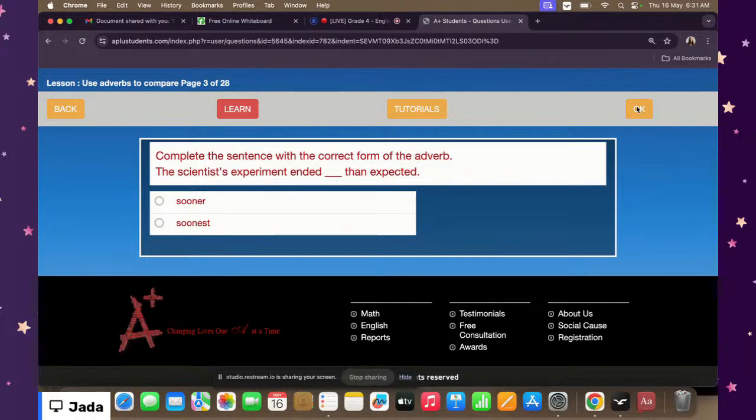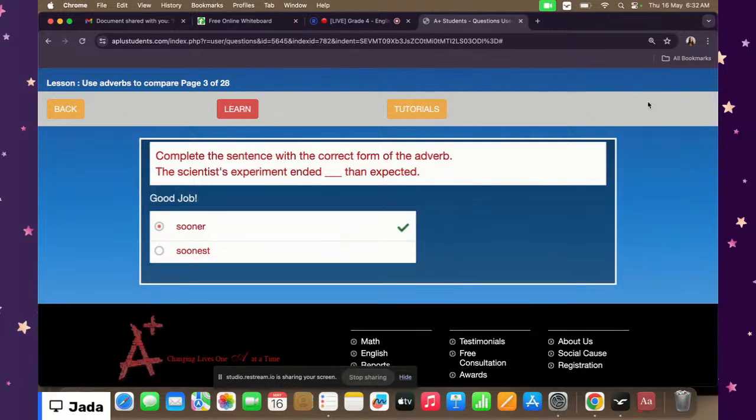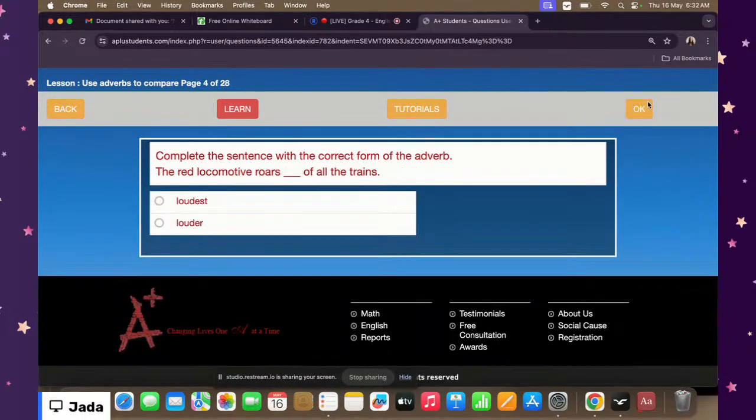All right. The scientists' experiment ended dash than expected. Sooner or soonest? Sooner or soonest? Ended sooner or soonest? What's your answer, everyone? Sooner than expected. All right.